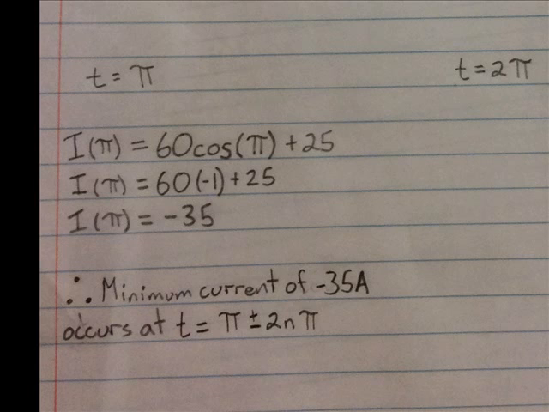So we now have I of pi equals 60 times negative 1 plus 25. Then we are left with I of pi equals negative 35. This means that the minimum current of negative 35 amps will occur at t equals pi, plus or minus any multiple of the period, which is 2 pi.